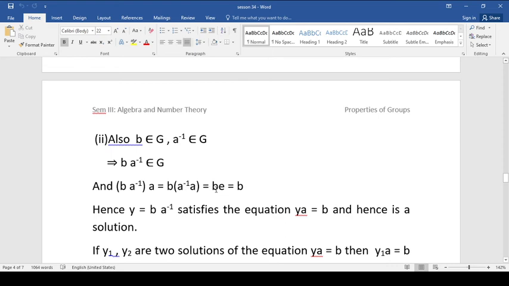That means we get B into E is equal to B, and hence we can say that y is equal to B into A inverse satisfies the equation yA is equal to B, and hence is a solution.